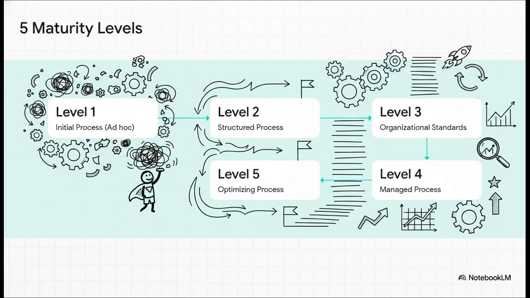Then, we step up to Level 2, where some basic processes exist, but maybe only for the highly visible, big-ticket projects. Level 3, though, is the real turning point. This is where processes become true organizational standards. They're institutionalized, they're repeatable, and they are beautifully tailored to each specific project.